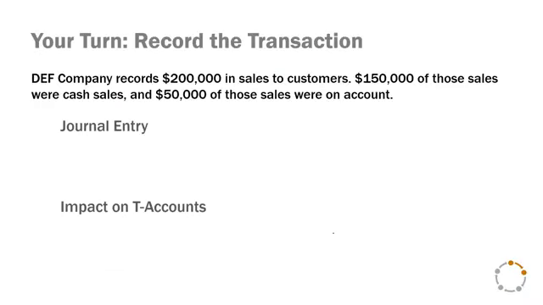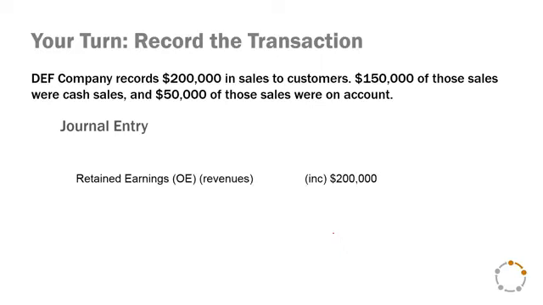Okay, how did you do? Let's take a look. First, the journal entry. Let's see how we would have recorded that. Now recall, when we record revenues, we record those as a right side entry or a credit to retained earnings, and we include a notation that that entry is associated with revenues.